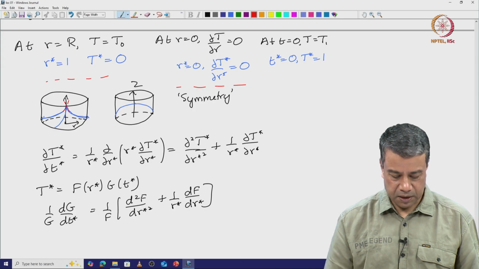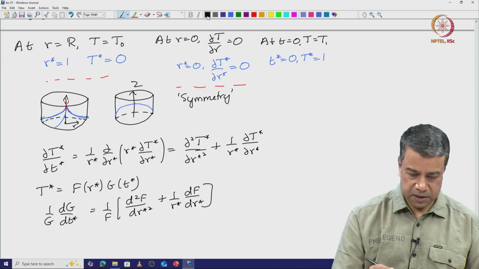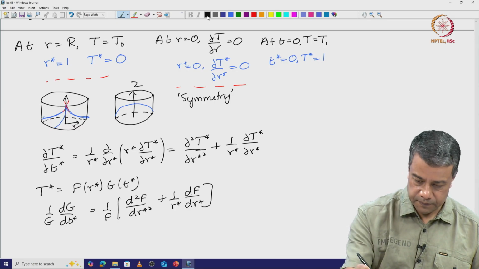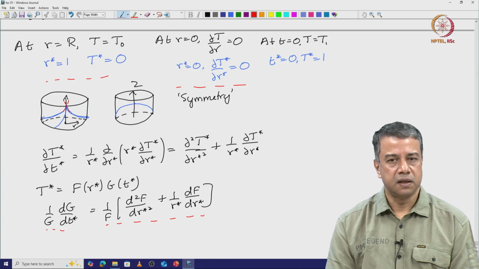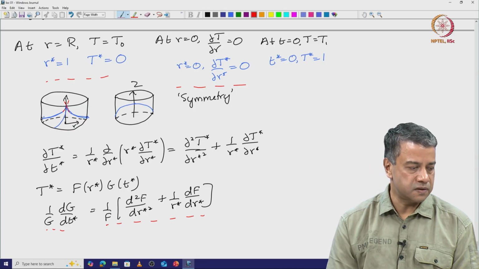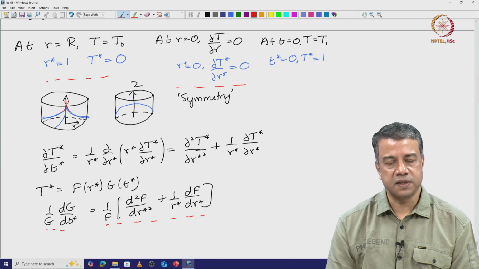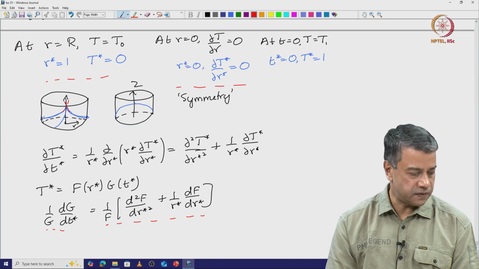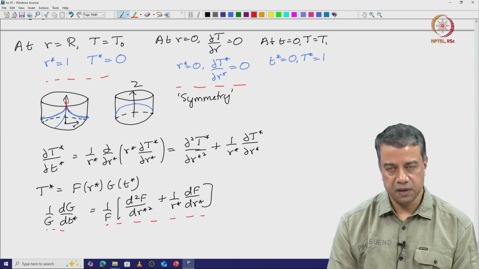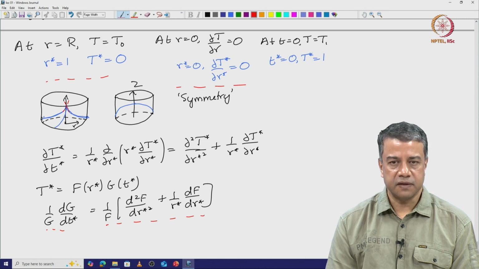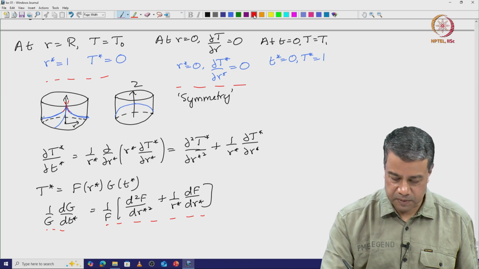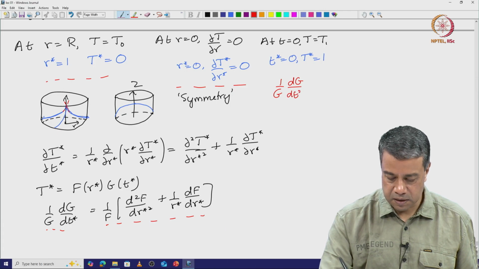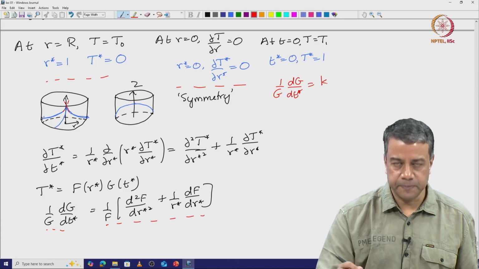And as I said, now in this equation, the left side is only a function of time, the right side is only a function of radius, and therefore, both of these have to be equal to constants. This has to be a negative constant because if you take the part of the equation proportional to g, you have 1 by g dg by dt star is equal to some constant k.